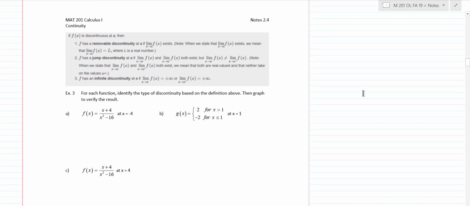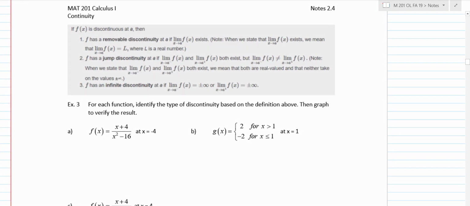Summarized on the next page of your handout is what I just talked about. It has a removable discontinuity, which typically looks like that. It may or may not have the solid dot there. If the limit exists as x approaches a, you're going to have a removable discontinuity. On the second one, you have a jump discontinuity, which would look something like this.